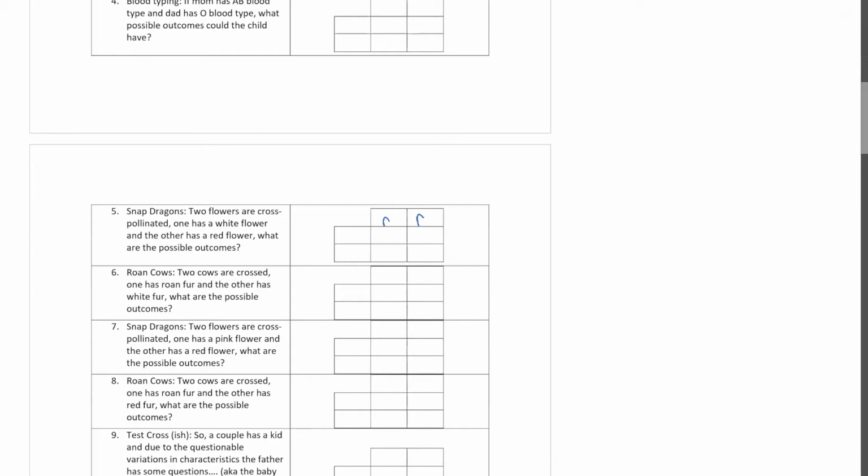So we've got one flower that is white and the other is red. We cross them, red and white, and what you're going to end up with is all pink flowers.